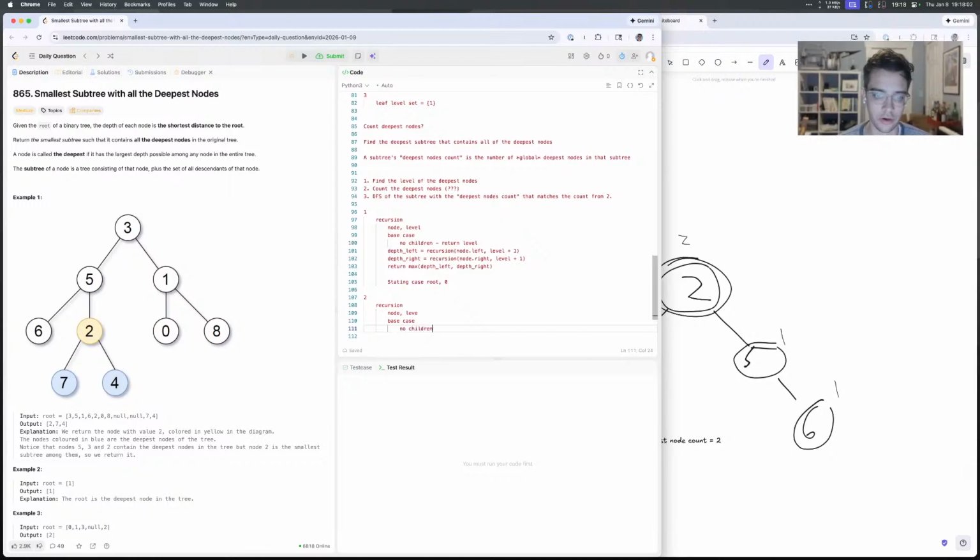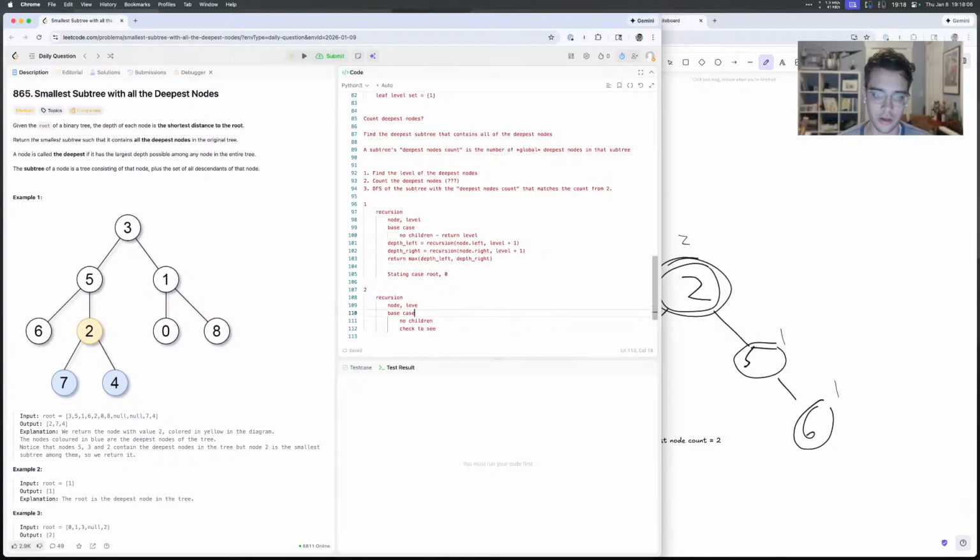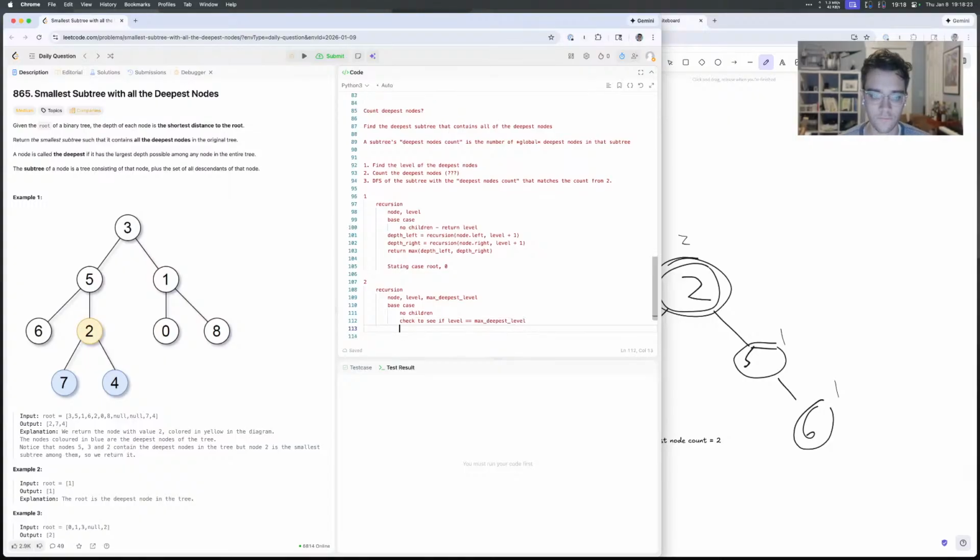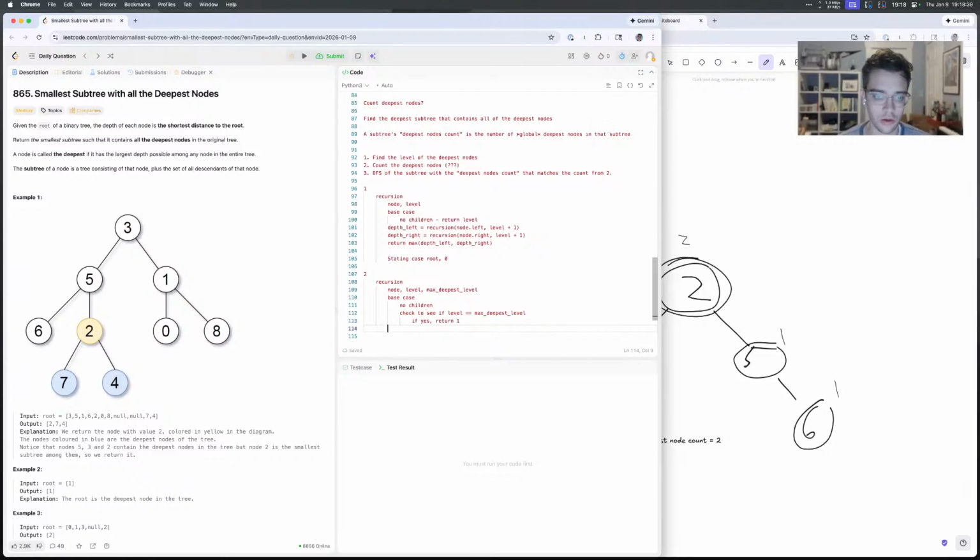Base case: no children, the level becomes 1. Then left equals recursion of node dot left, level plus 1. I guess it's pretty Pythonic pseudocode. That's okay.